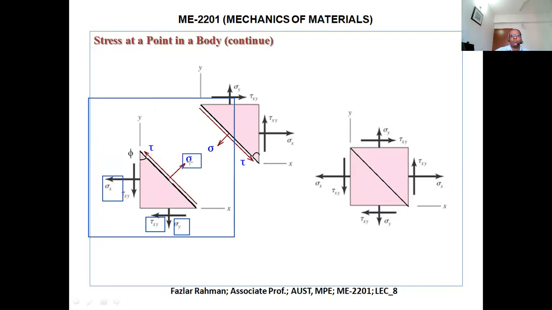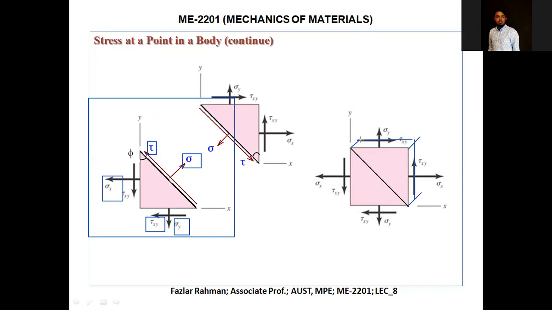How will we figure out the value of this sigma and this tau? By tan? Yes, sir, by tan. How will you figure out? Sir, the force. This has a certain thickness, right? So what I'm saying is this is a kind of plate like that. So how will you apply tan to find that?